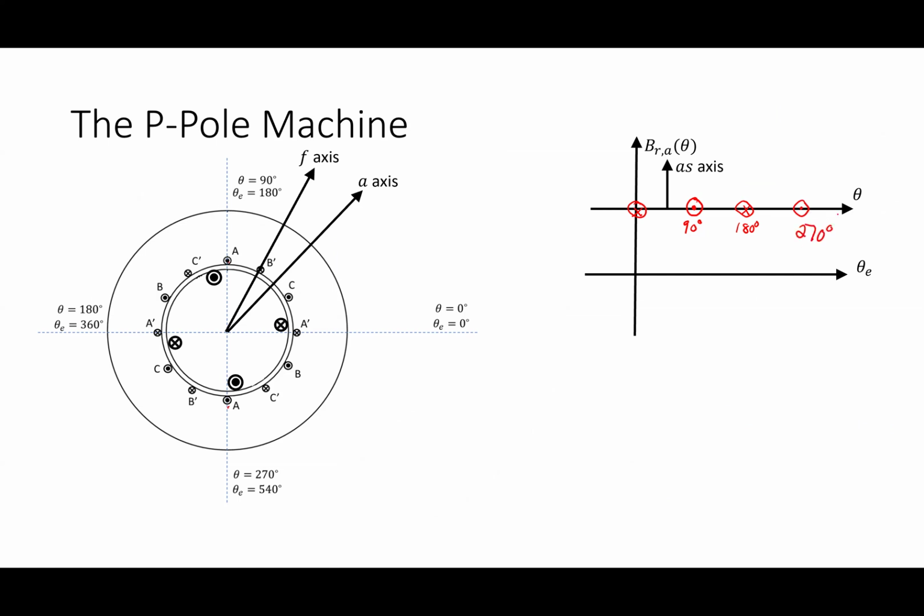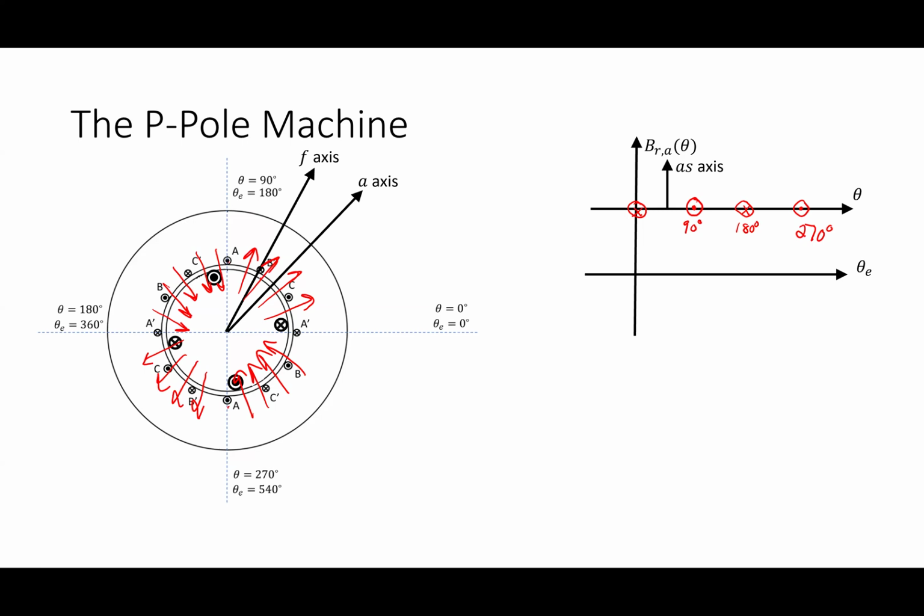That's the way this is set up. Going through it just like we did before, the fields for the A coil would go into the rotor there, out of the rotor there, into the rotor here, and then out of the rotor here. That's the way we basically think about it.